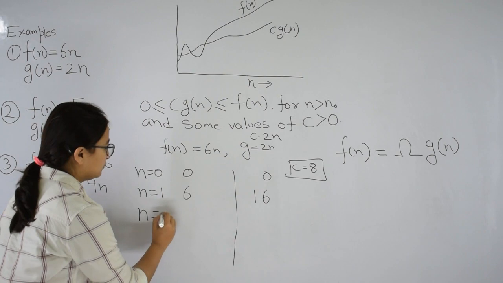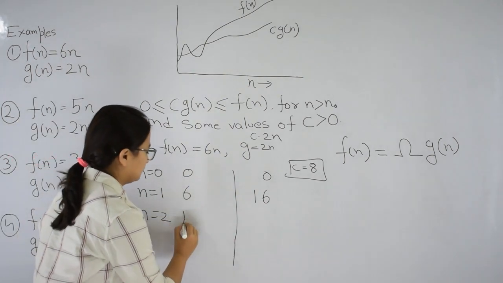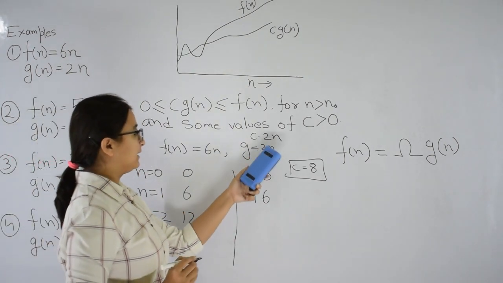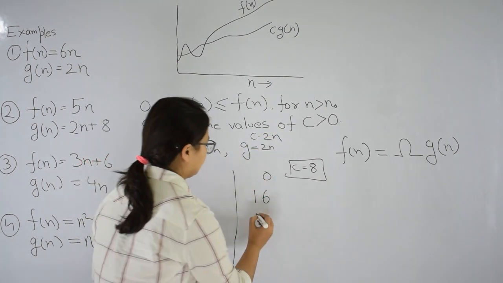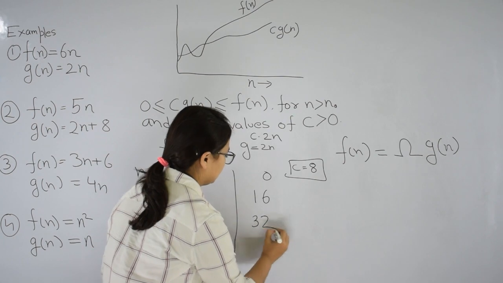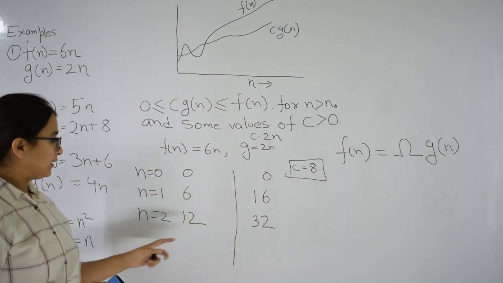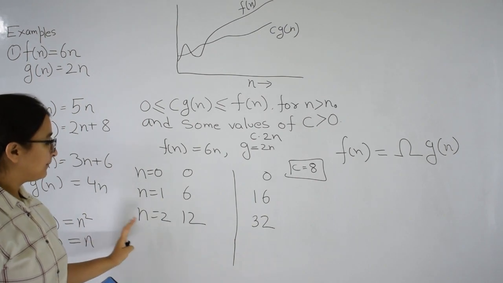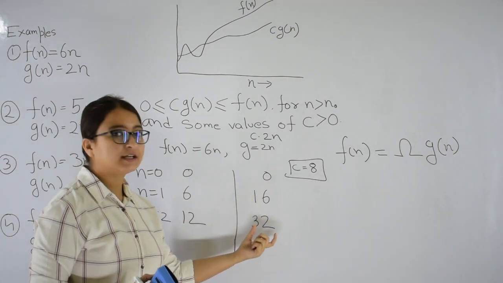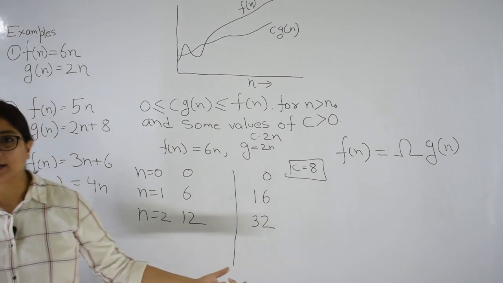At n is equal to 2, f of n is 12, and here 2 into 2, 4, and 4 into 8, 32. So what we observe here is that the value of f of n is smaller and the value of c into g of n is bigger, and it is getting bigger and bigger.